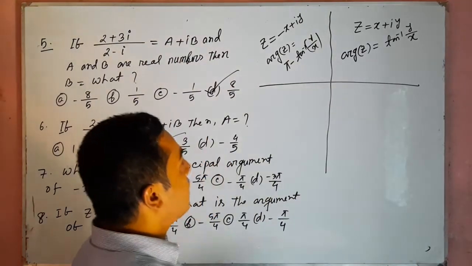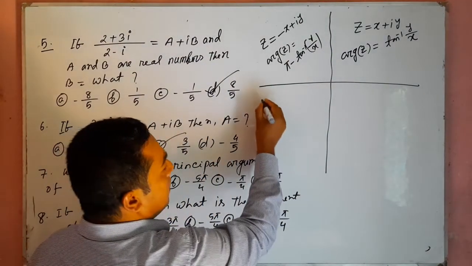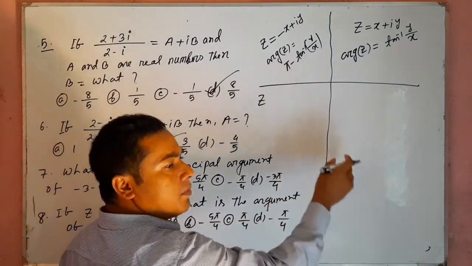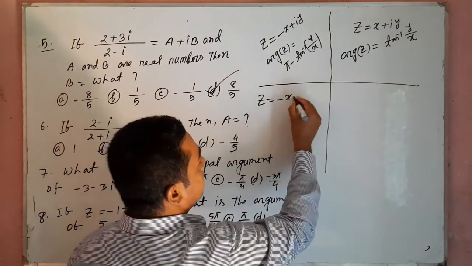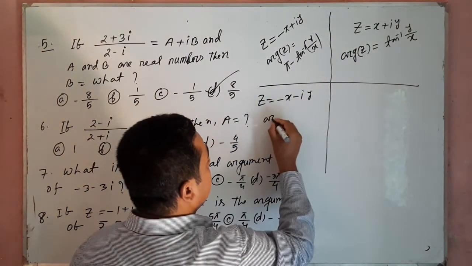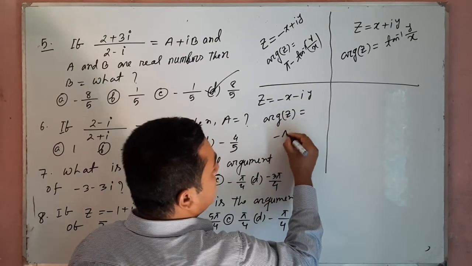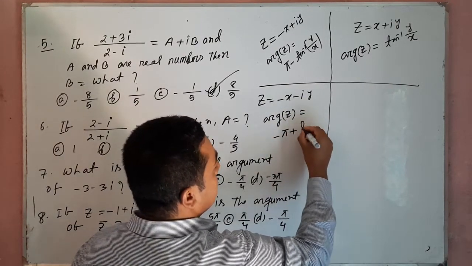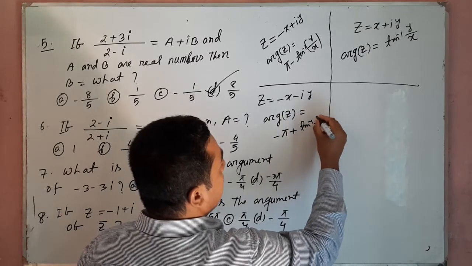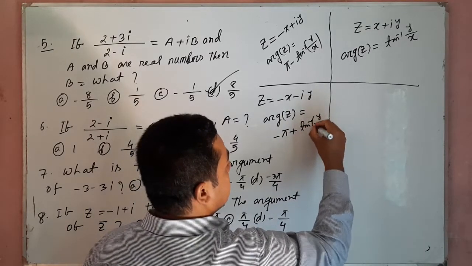Okay. If the complex number is in the third quadrant, x and y both are negative. So argument z is equal to minus pi plus tan inverse y divided by x.